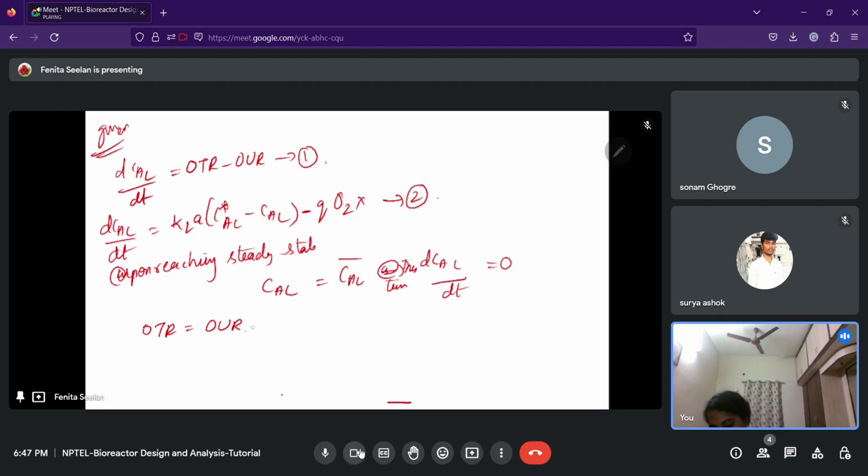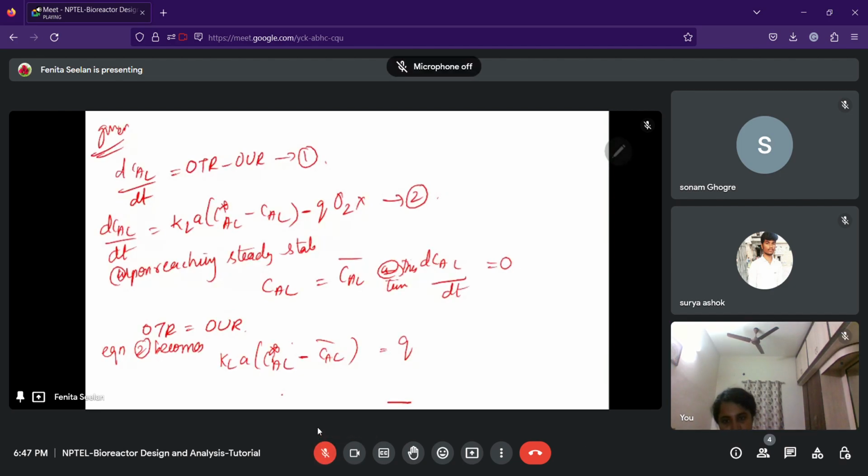Now if we consider this in equation 2, that equation becomes KLa (C star AL minus CL) equal to QO2 X, which we will keep as equation 3.